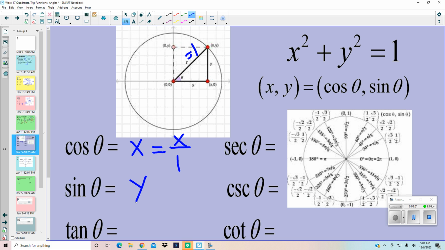Sine of the angle then is going to be y. Tangent is opposite over adjacent, so that would be y over x. And then secant, cosecant, and cotangent are the reciprocals of those. So this is going to be 1 over x, 1 over y, and x over y for cotangent.